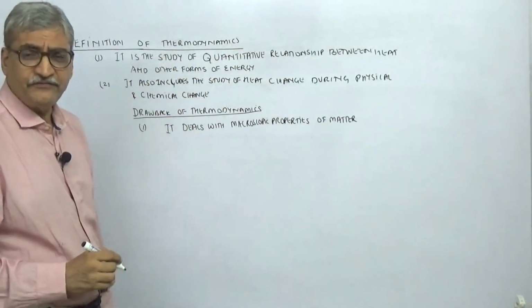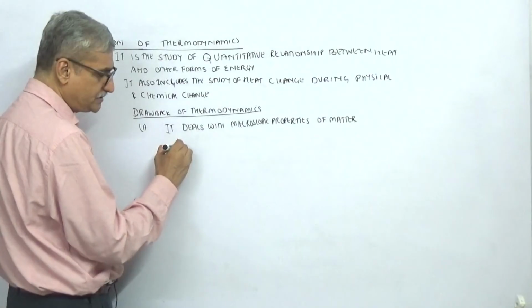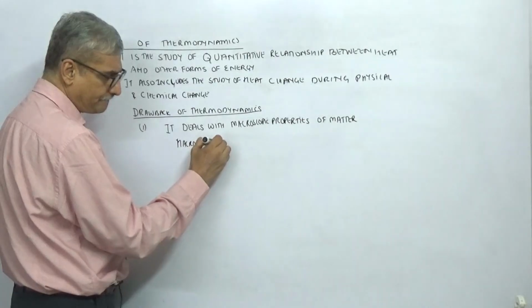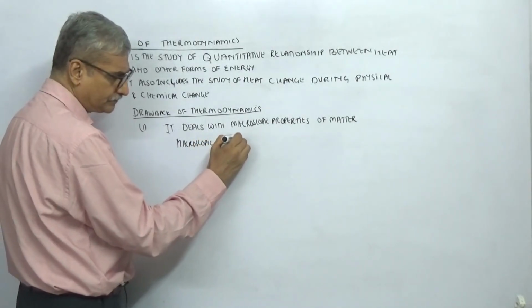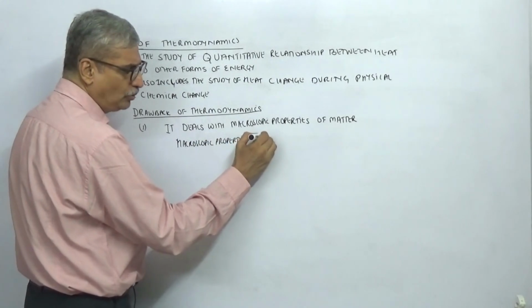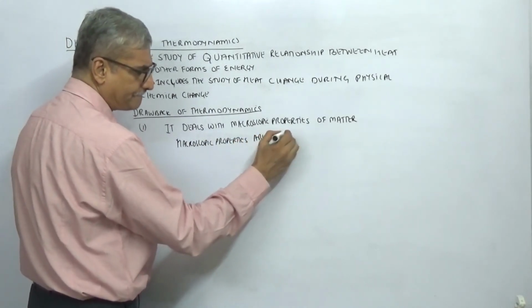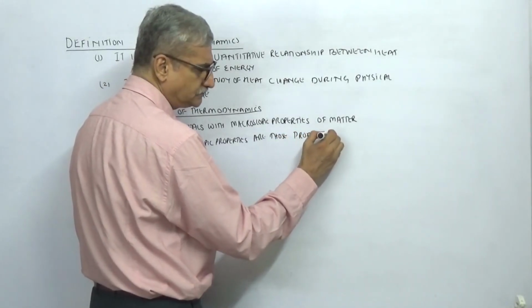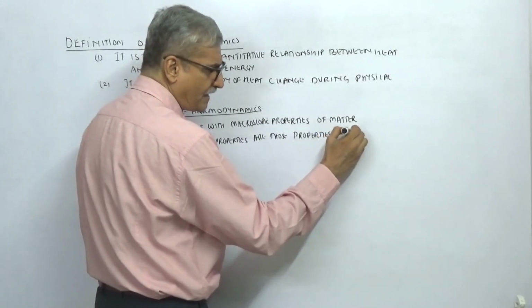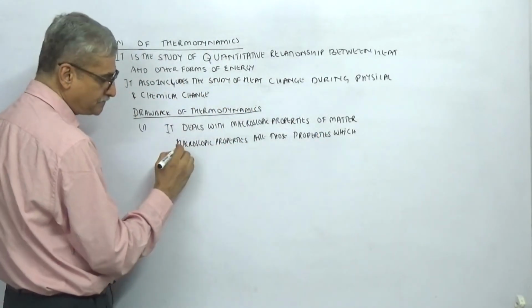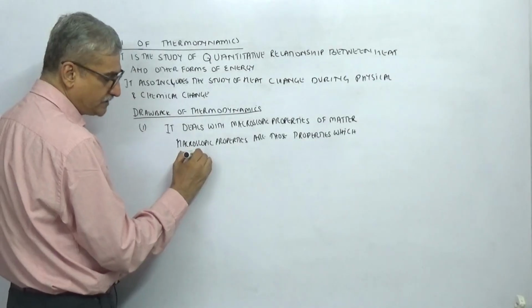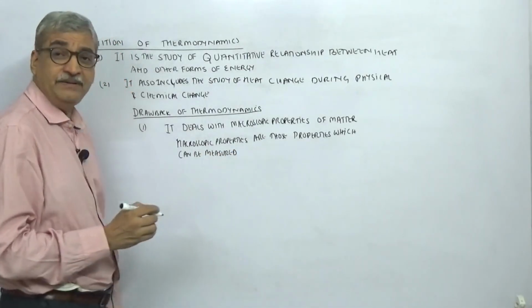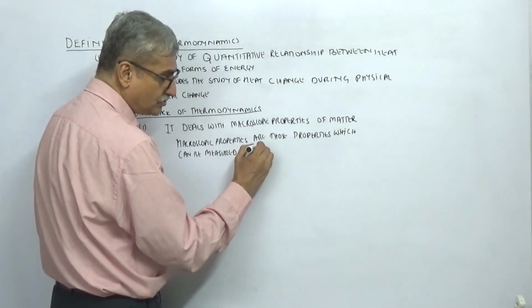See, the dictionary definition of macroscopic properties: macroscopic properties are those properties which can be measured by an instrument.